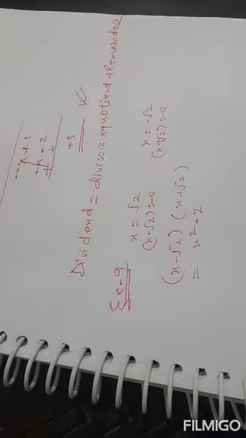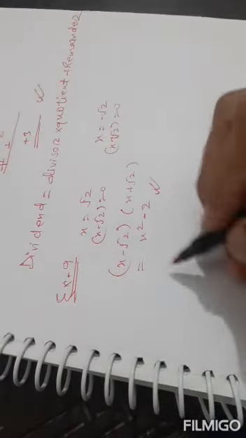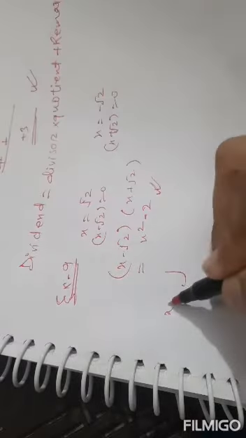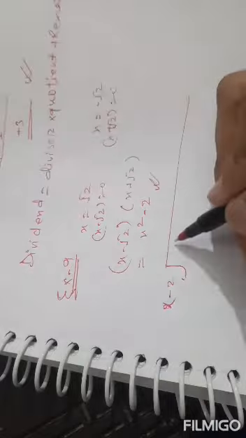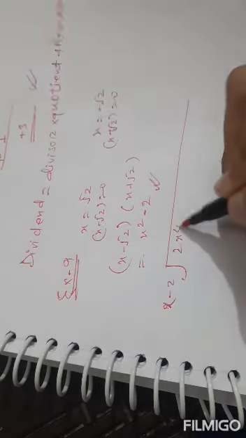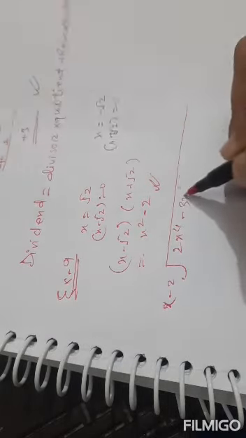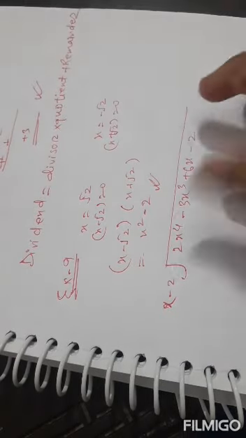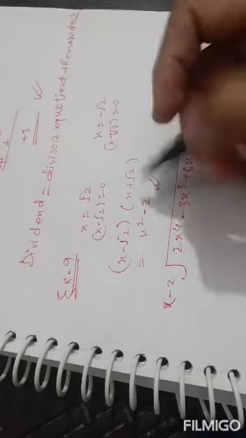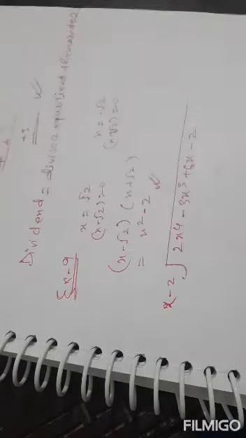So this is a factor. What we have to do is divide the given polynomial 2x to the power 4 minus 3x cube minus 3x square plus 6x minus 2 by this factor. So you will get the answer.